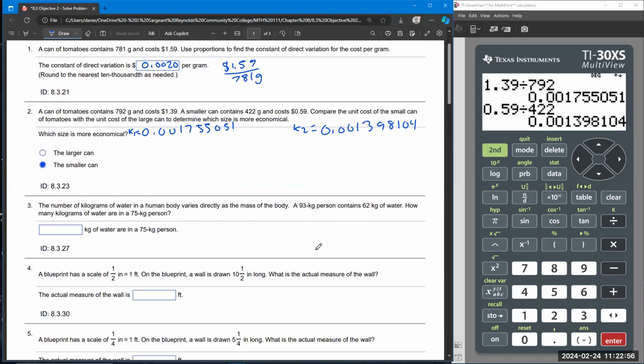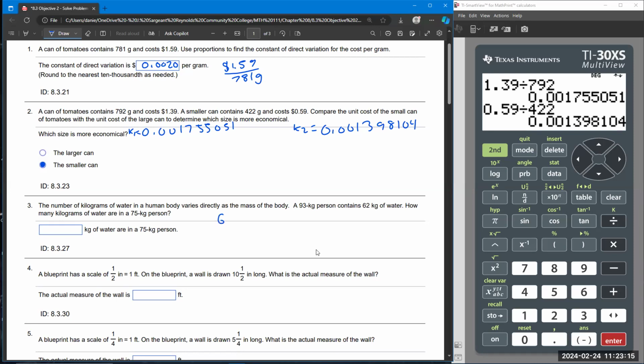The number of kilograms of water in a human body varies directly with the mass of the body. So a 93 kilogram person contains 62 kilograms of water.